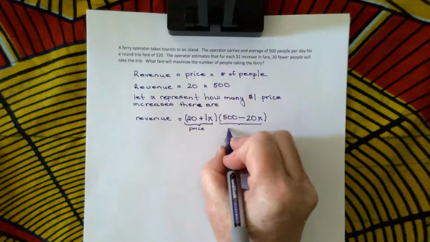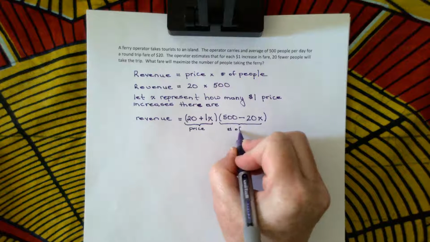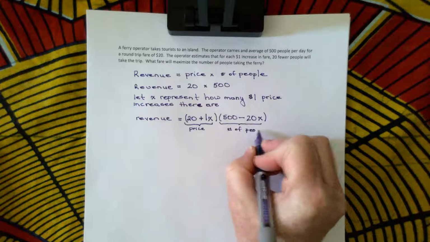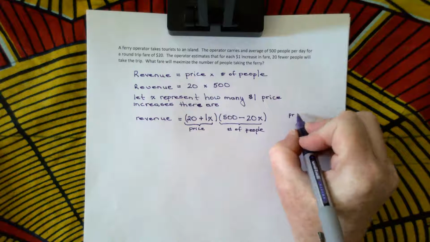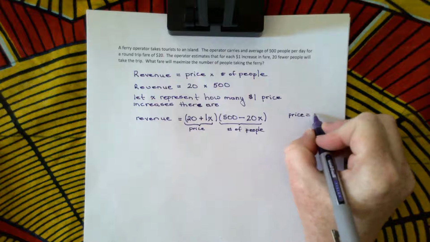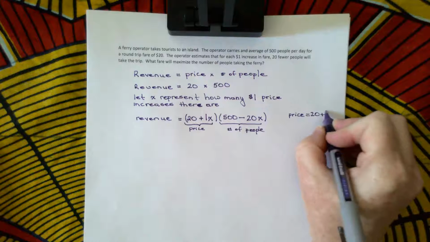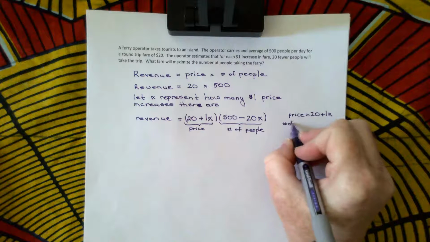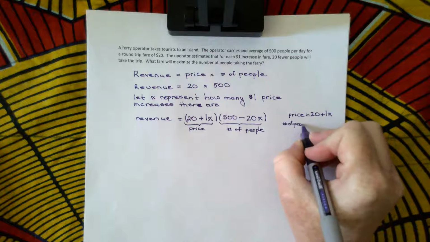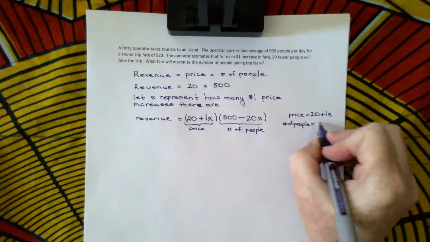So they're almost their own equations, and I'm just going to put them on the side for you. Our price is equal to 20 plus 1x, and our number of people is equal to 500 minus 20x.